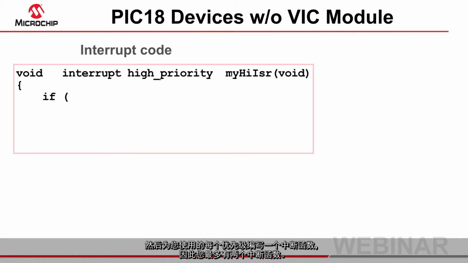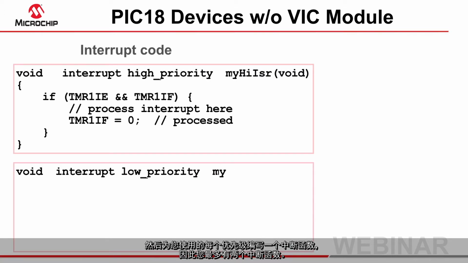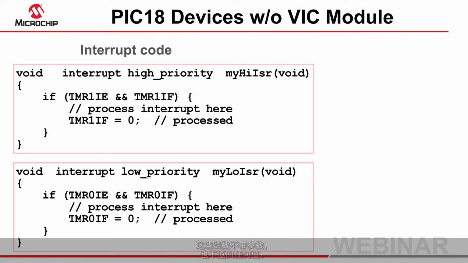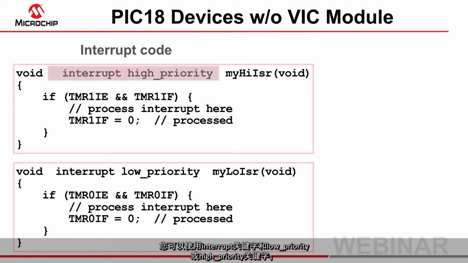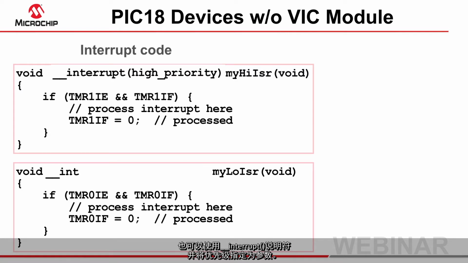Then write one interrupt function for each priority you are using, so you will have at most two interrupt functions. The function should take no parameters and return no value. You can use the interrupt keyword and the low priority or high priority keywords. Or you can use the __interrupt specifier with the priority specified as an argument.